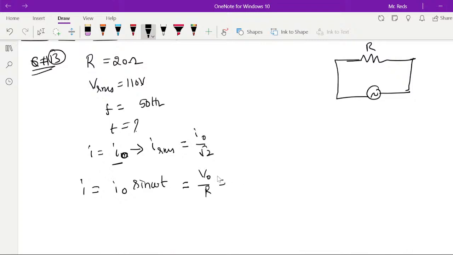VRMS is V naught by root 2, so V naught is root 2 VRMS. So it is root 2 VRMS by R, sine omega t. Oh, I missed the sine omega t here.